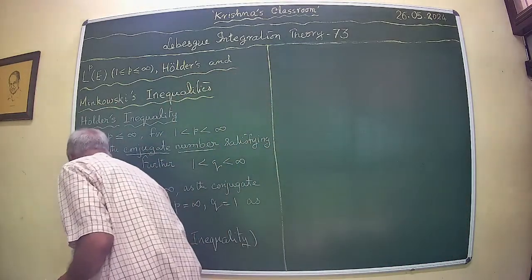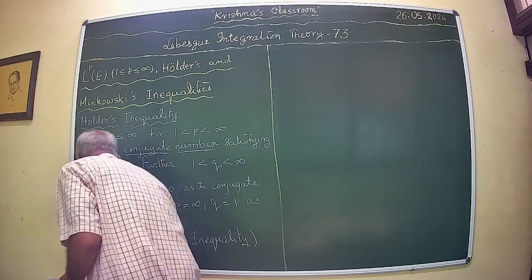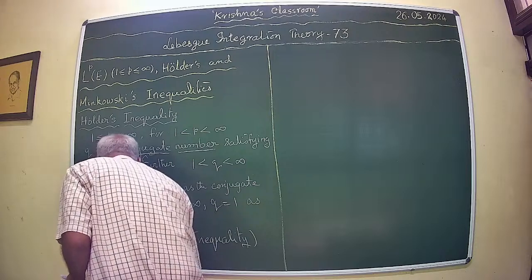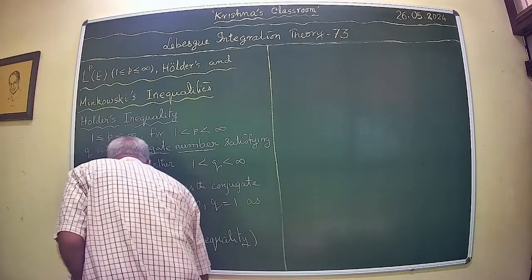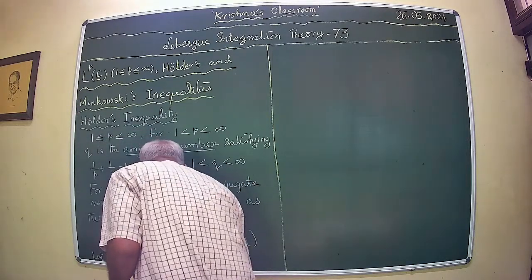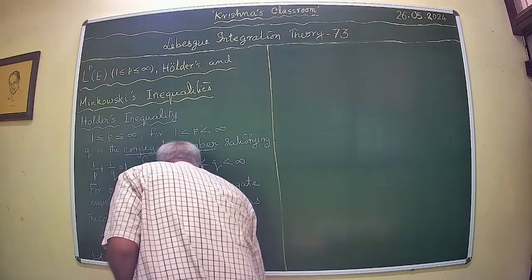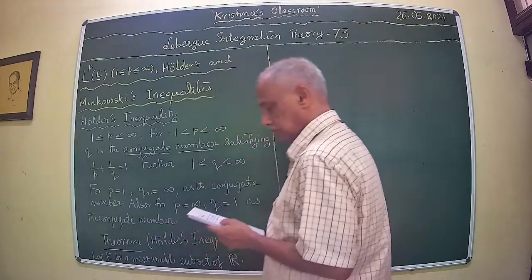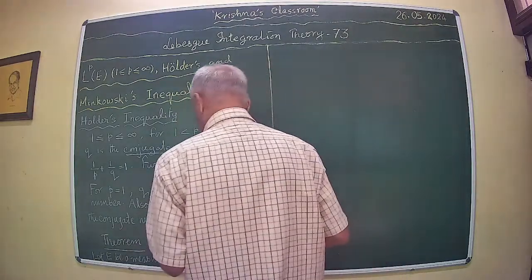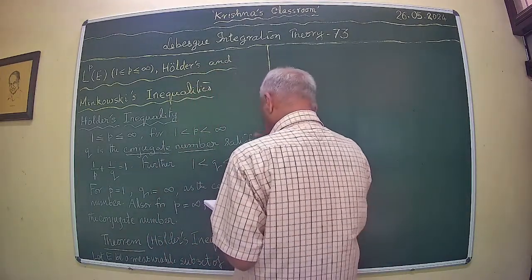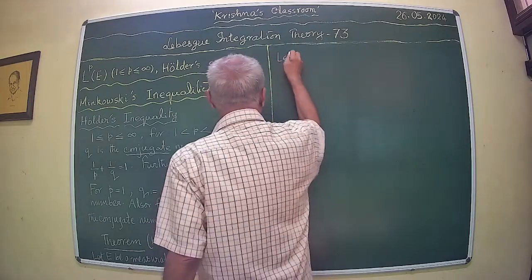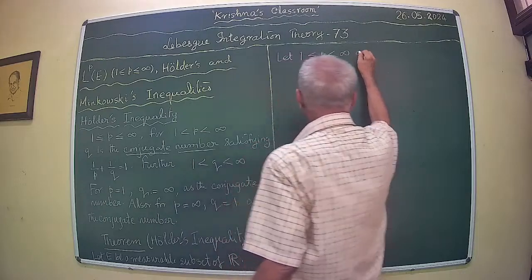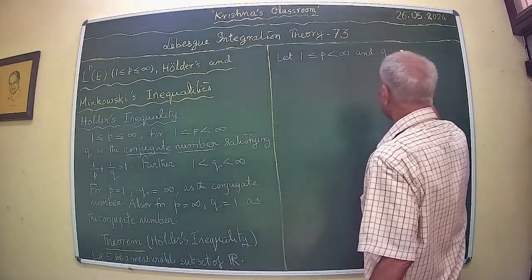Let E be a measurable set, and let p and q be conjugates.